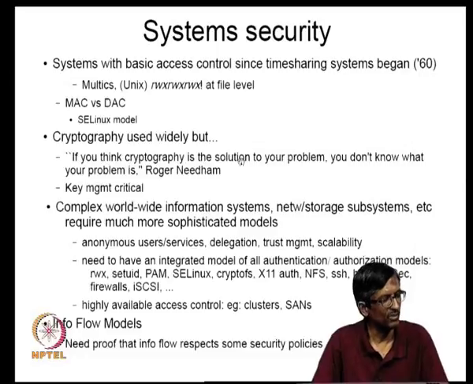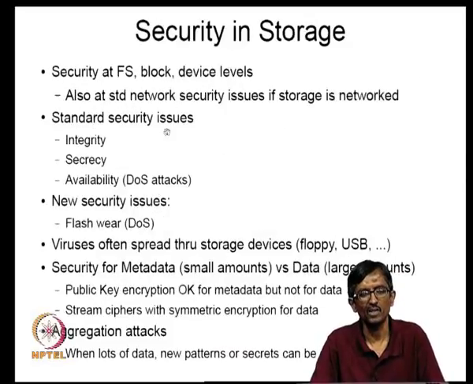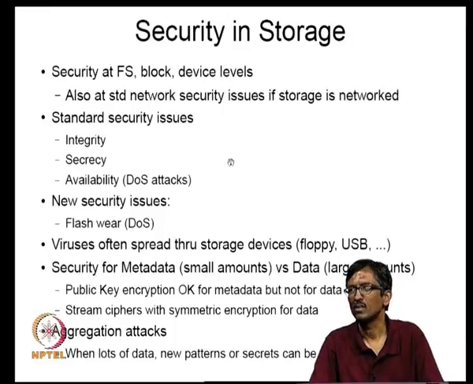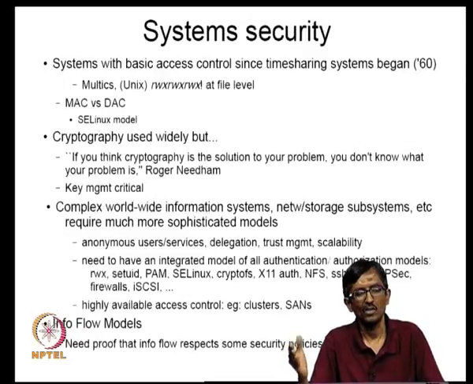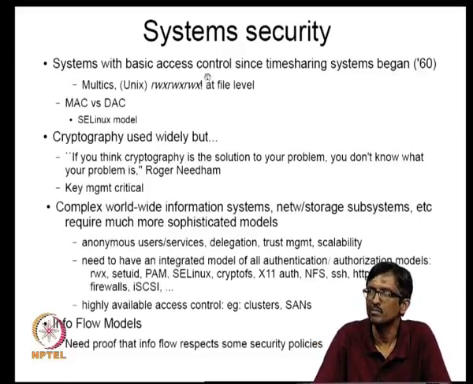As I mentioned before, there are two types of mechanisms: you can do access control, which is physical separation, or you can do cryptography. Initially we started with access control mechanisms.